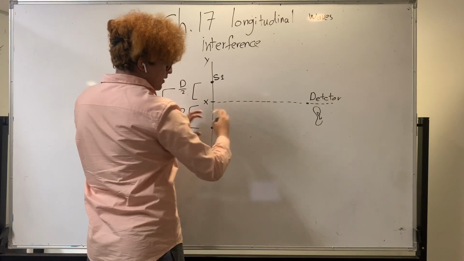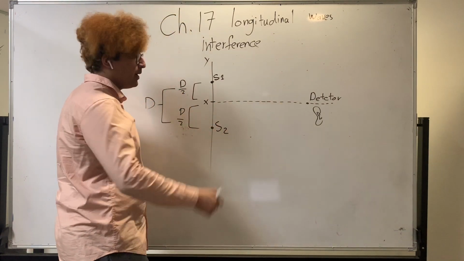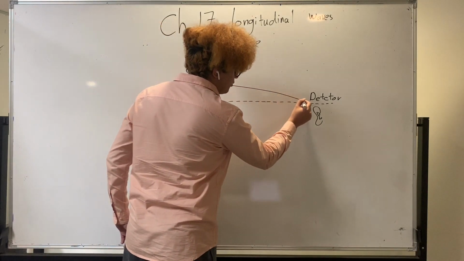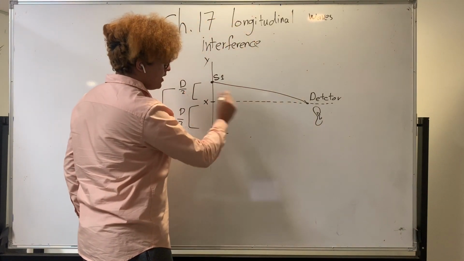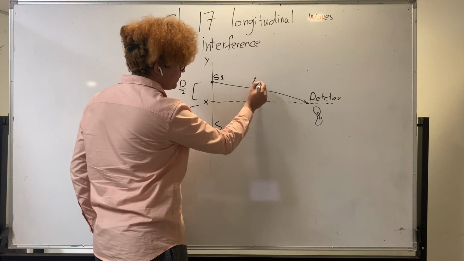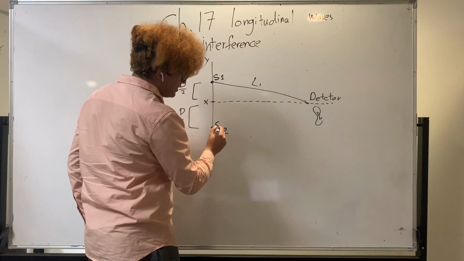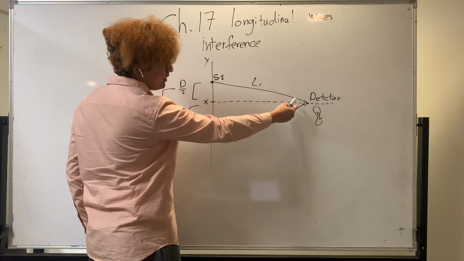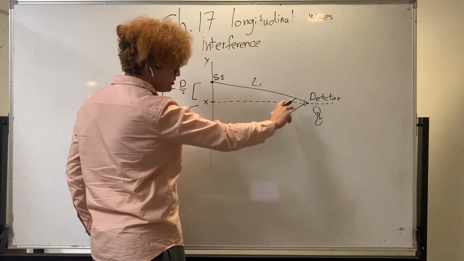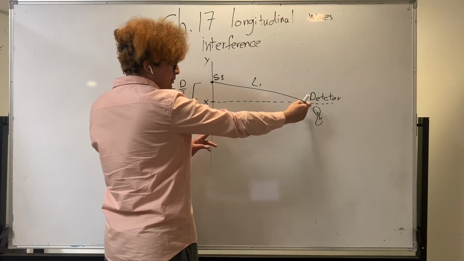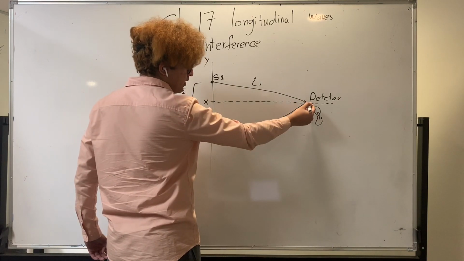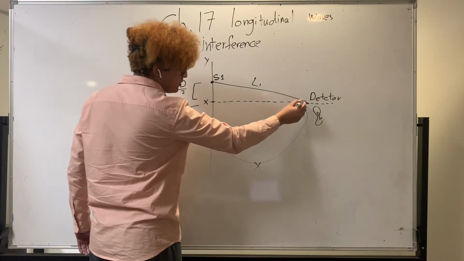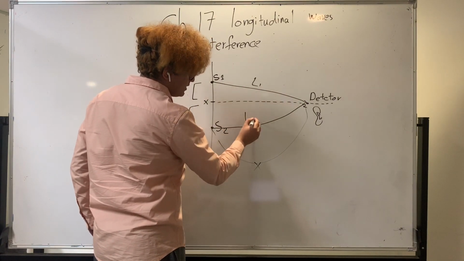Say the distance between the first source and the detector is equal to L1, and the distance between the second source and the detector, which doesn't have to be slanted like this, it should be a straight line, the minimum distance, we don't care about this other path, let's call it L2.